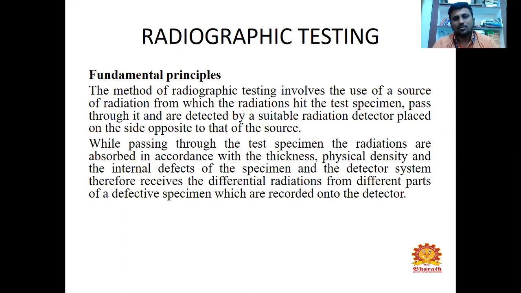While passing through the test specimen, the radiations are absorbed in accordance with the thickness, physical density, and internal defects of the specimen. The detector system therefore receives differential radiation from different parts of the defective specimen, which are recorded on the detector.